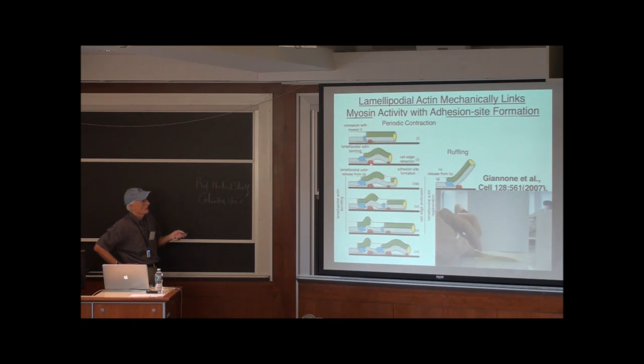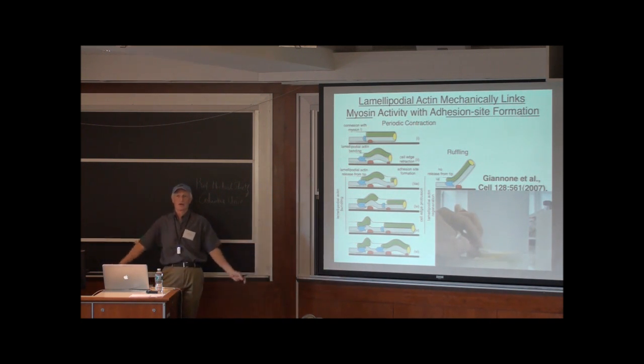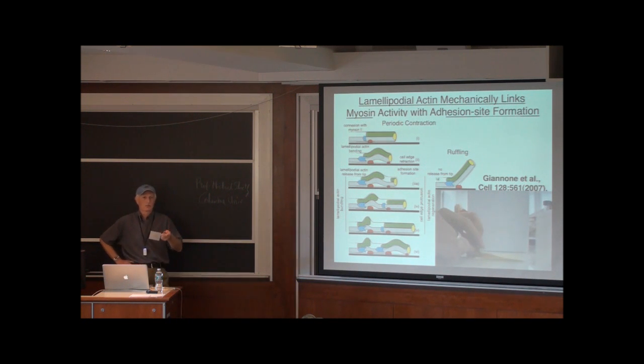It pulls, and when it pulls, it sets down a new adhesion site, a concentration of the beta-3 integrin, and there's another concentration here, and we find that myosin is localized behind this second adhesion site, and it's pulling on the actin, condensing that into circumferential bands of actin, which can go on to become stress fibers.